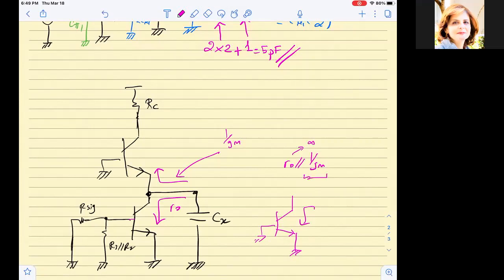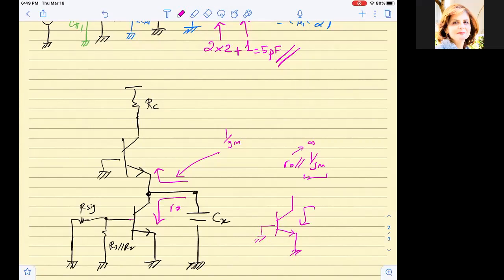Okay? Anybody has any question? Okay. Now the last question that we have here is as follows. Using OCTC, find the 3 dB frequency for this amplifier.